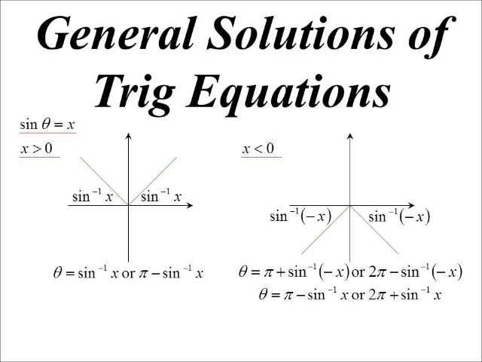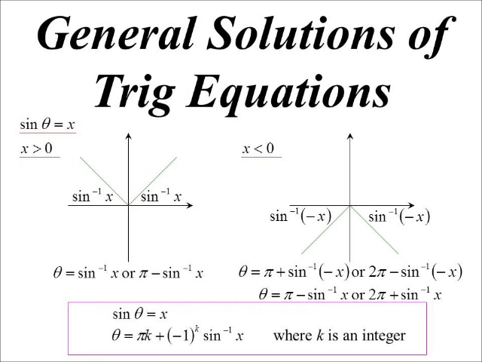So the generalisation would be: if I've got sine theta equals some value, it doesn't matter whether it's positive or negative, because I end up with the same solutions, then it's simply pi k plus minus 1 to the power of k inverse sine x.